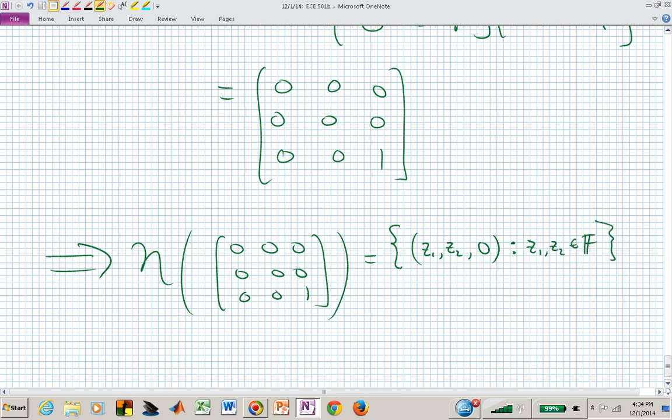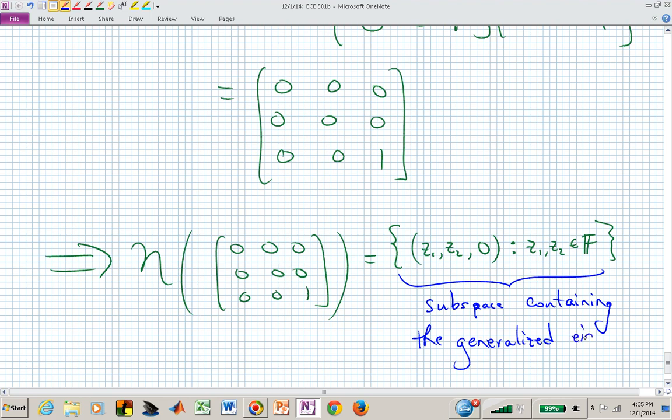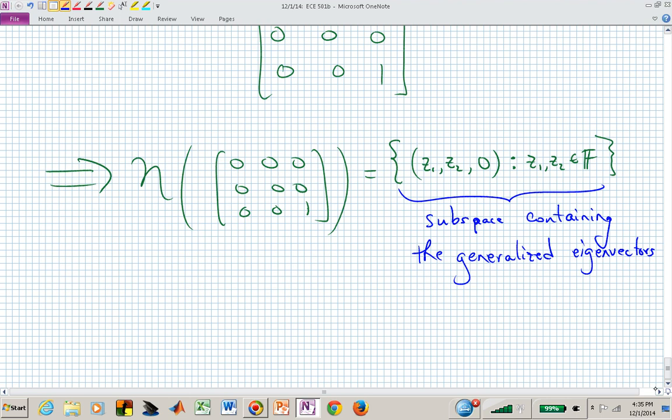And that's another way of describing this subspace that's actually containing the generalized eigenvectors for lambda equal to 0.